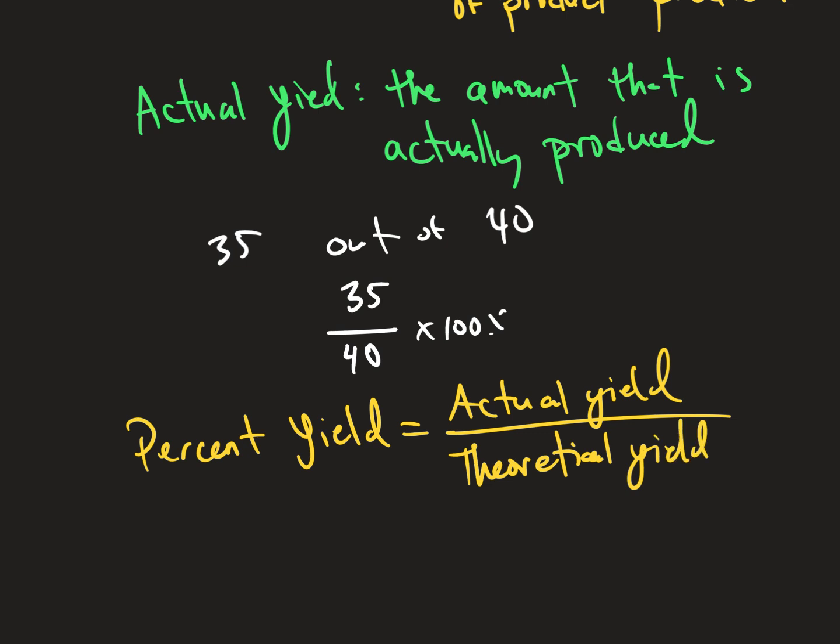And then that gives us a fraction changed into a decimal. Then we multiply that by 100% to convert it to a percentage. We follow? Go ahead and do the last one on this worksheet. We already found the theoretical yield. Calculate your percent yield.